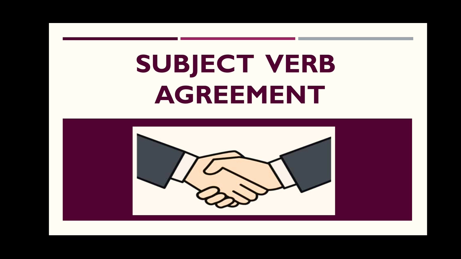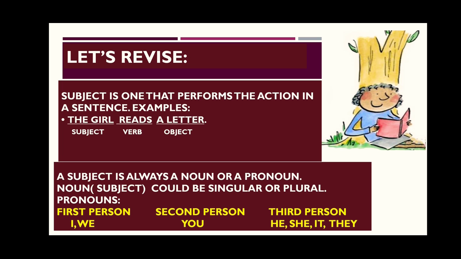So let's start. But before starting this topic, we must revise a few things, and those few things are subject and verb. So one by one we will revise these. Students, a subject is the one that performs the action in a sentence.